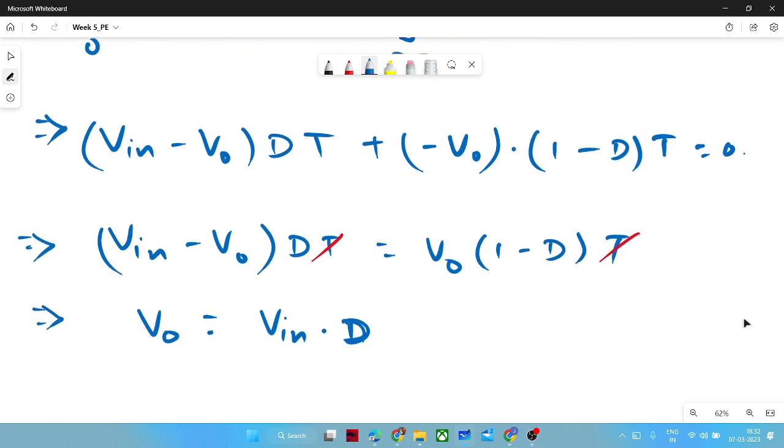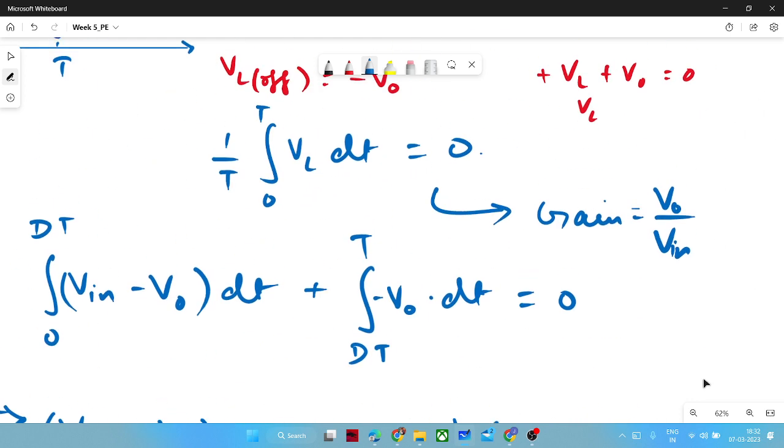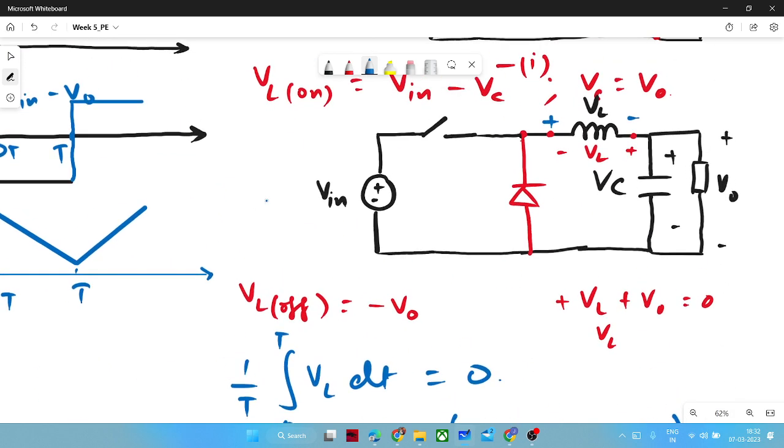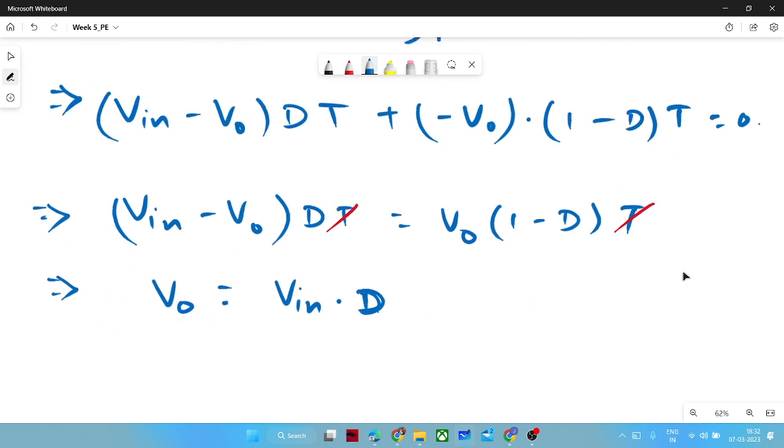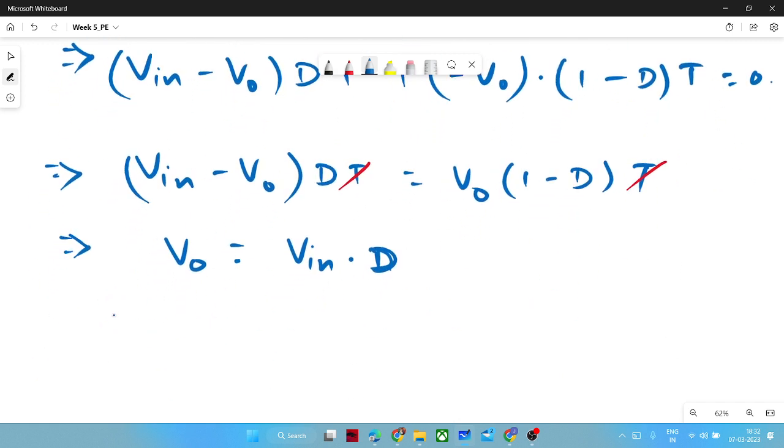So d is the ratio of the duration of the turn on period of the switch. The switch, I mean this switch, not the diode. This will be turned on for dt, and for the remaining time the diode will conduct. So its turn on period for the diode will be (1 minus d) into t. So you have computed the value of gain V naught by V in, that is d.